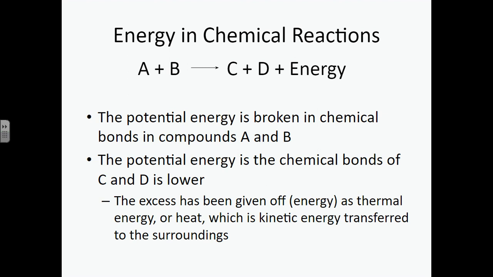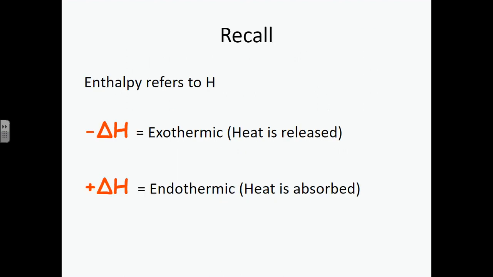In this particular example, it's highlighting that energy is given off, and the excess that's been given off is usually thermal energy or heat, which represents kinetic energy, which is therefore transferred to everything that's surrounding it.